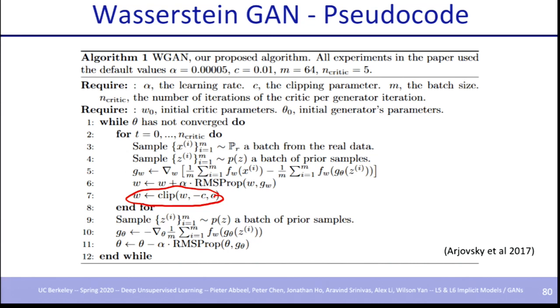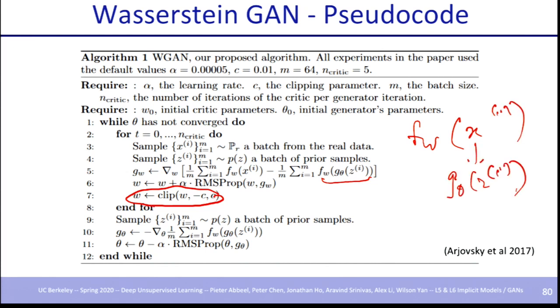But the most important thing I want to highlight is they move away from this binary classifier version of GANs. The discriminator is just a neural network, f_w, which takes in real data, or it could take in generated data, and just outputs a scalar value.